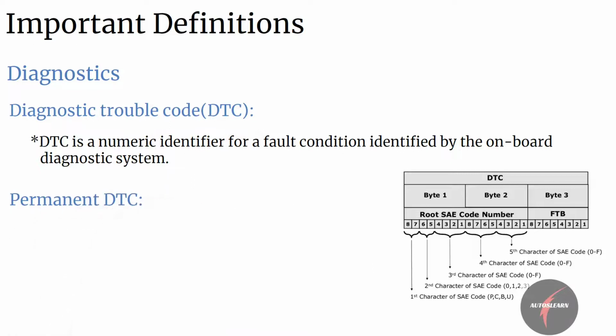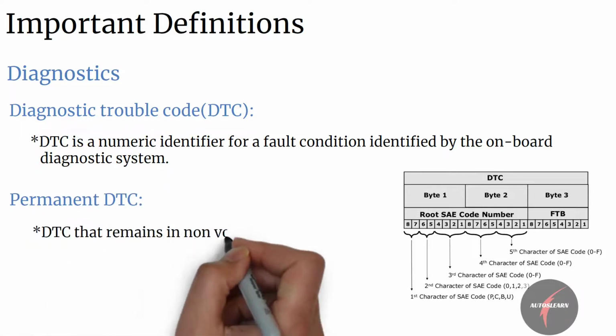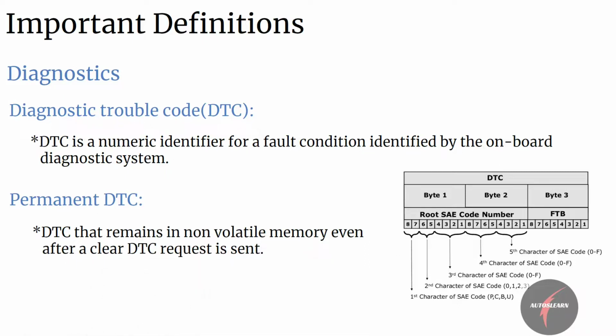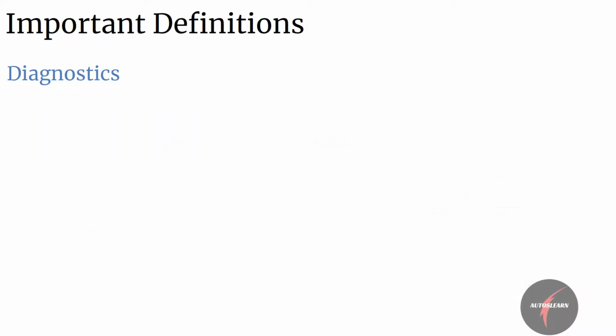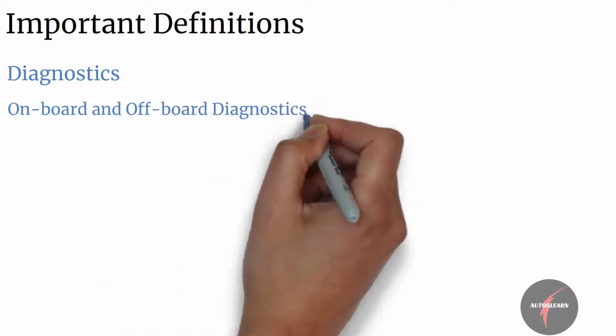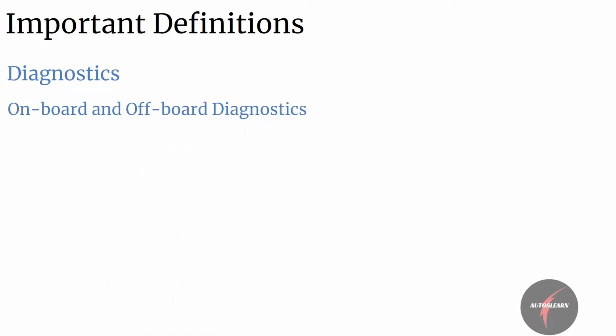Next, we have permanent DTC, which is a diagnostic trouble code or DTC that remains in the non-volatile memory even after a clear DTC request is sent. It shall sometimes be cleared only if certain criteria, typically regulatory, are met. Let's understand two important definitions, that's onboard and offboard diagnostics.